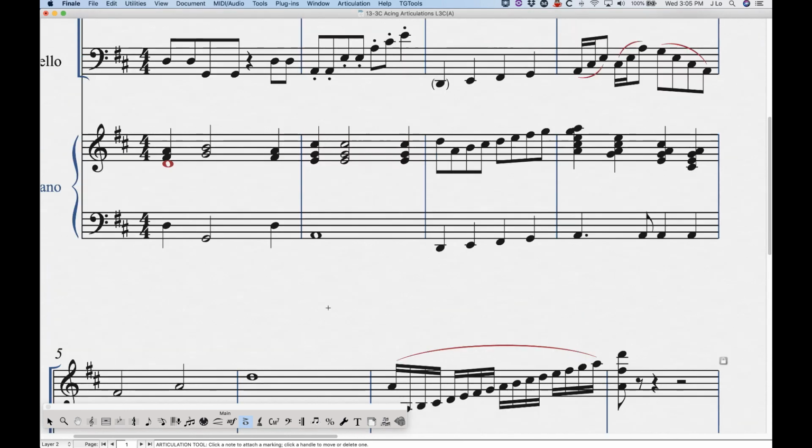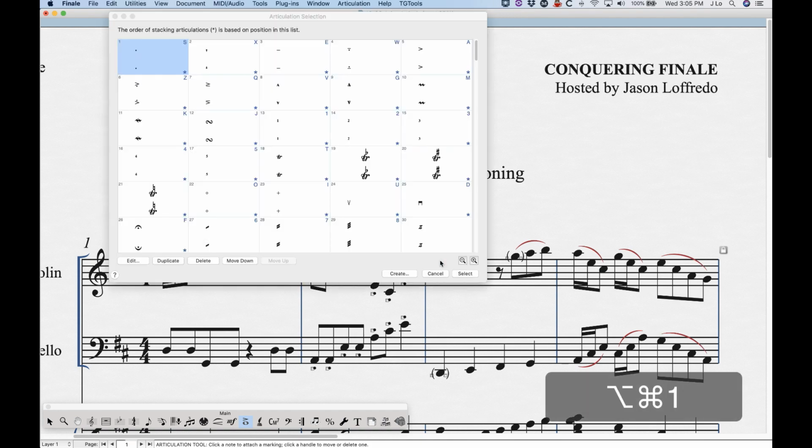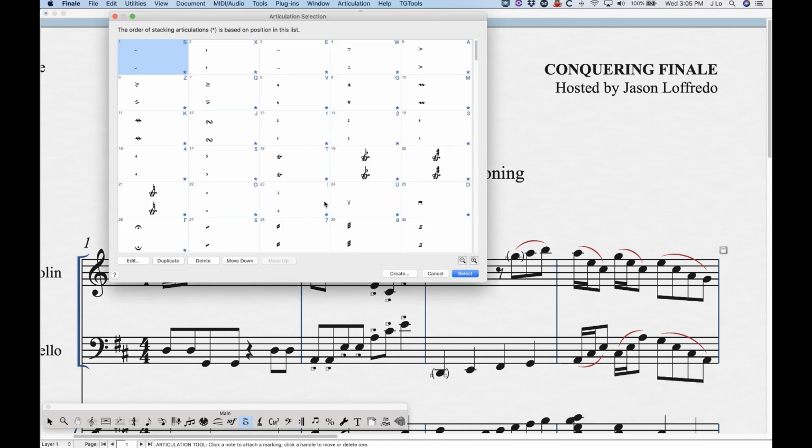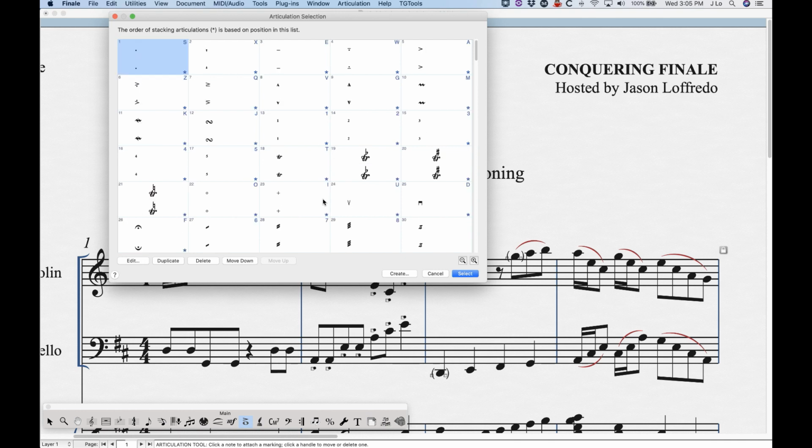There aren't too many examples in the articulation library that use note head side besides that, but that's one great use of that. As far as stem side goes, there's nothing in this library that uses the stem side positioning.